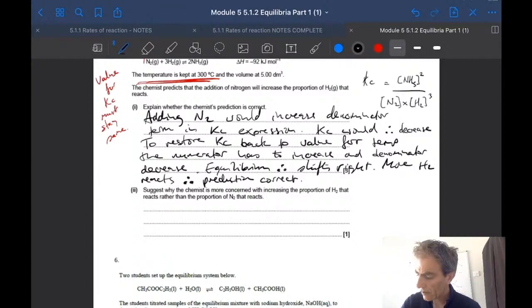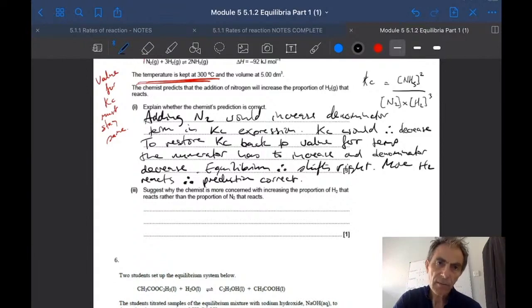Okay. And the last bit, I'm afraid, I think one person got this right. Suggest why the chemist is more concerned about increasing the proportion of hydrogen that reacts rather than the proportion of nitrogen that reacts. On everybody's homework, I wrote down it's all about the availability of the reactants. Nitrogen makes up nearly 4/5 of the air, so it's pretty easy to get hold of.